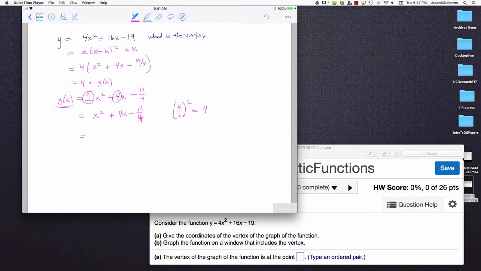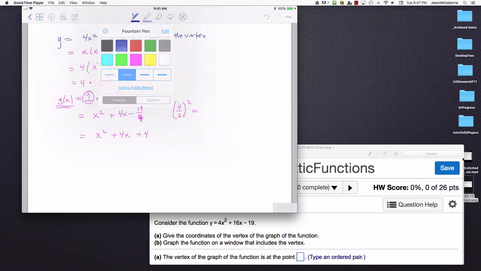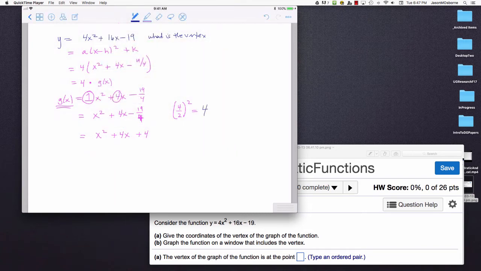So what you need to do is add in the 4 to x squared plus 4x. Maybe I should do that in a different color. Let's track that 4 here. You need to add in the 4 and subtract the 4.